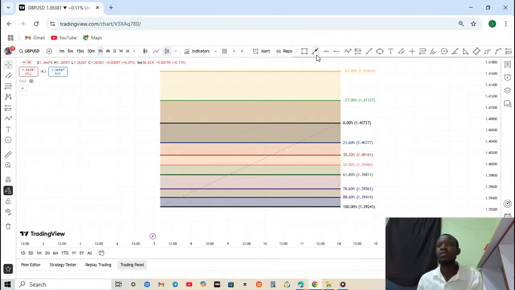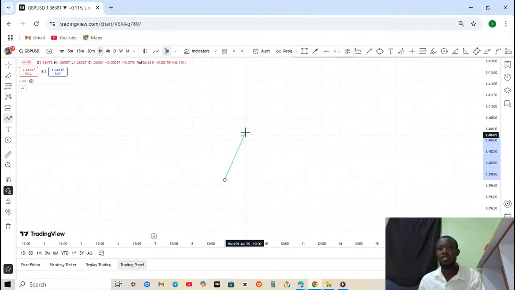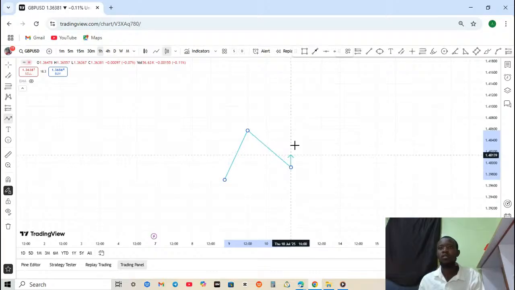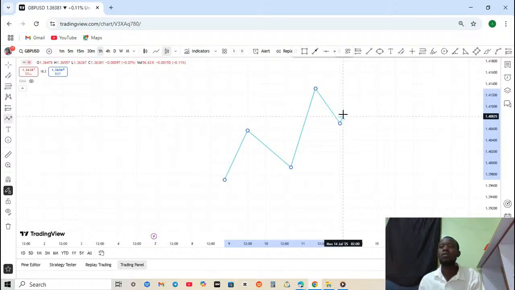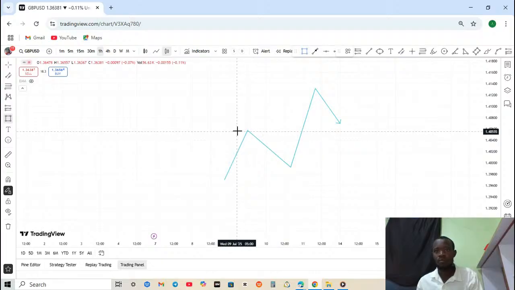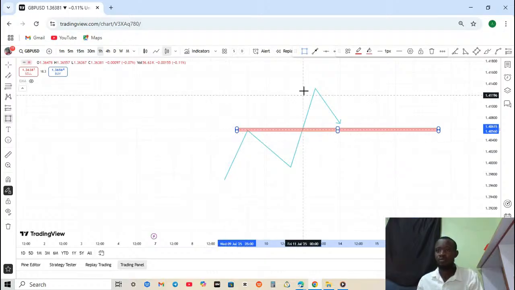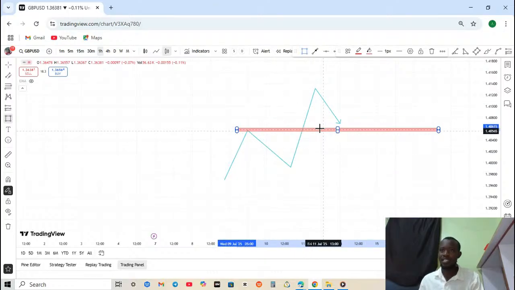So let's assume the market is on an uptrend. We are just assuming the market is on an uptrend. And let's assume this was a previous higher high. It was broken.